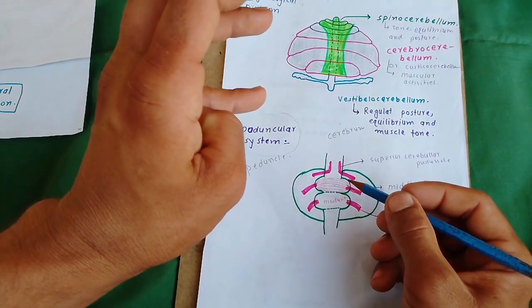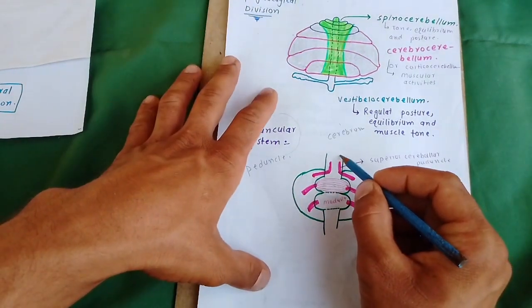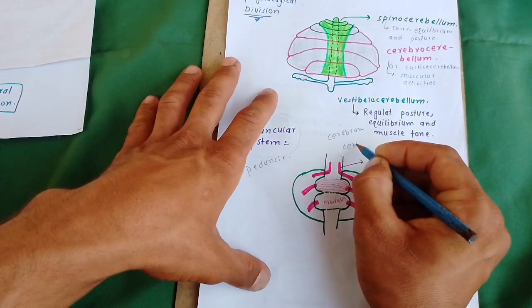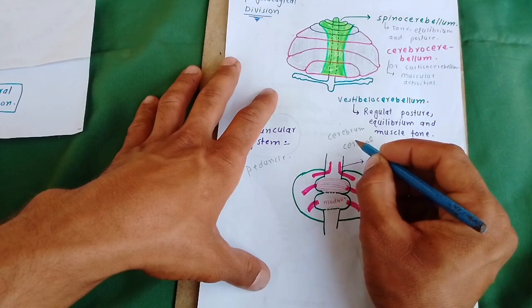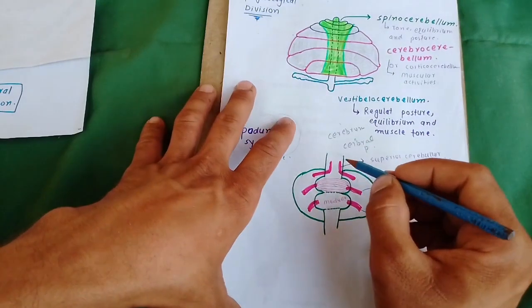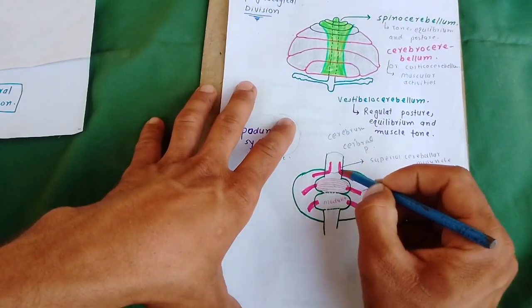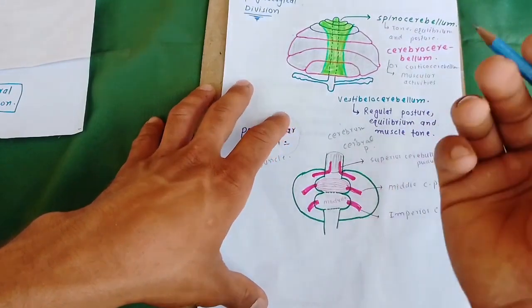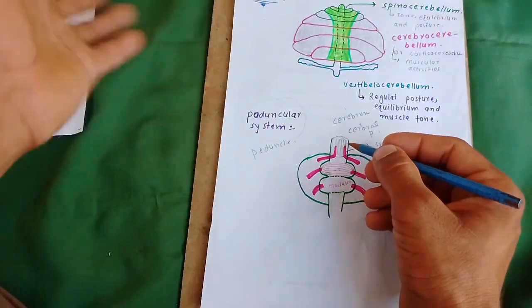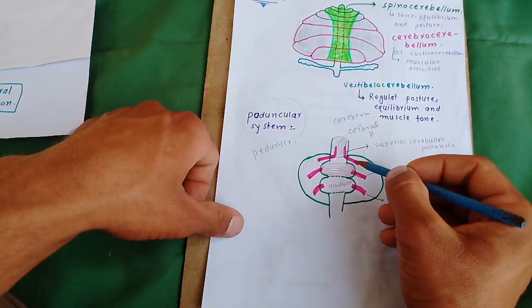So there are three peduncles. This is the cerebral peduncle, which we have already discussed. The midbrain is called the cerebral peduncle because it is a huge mass of white matter, which was discussed in the previous lecture.